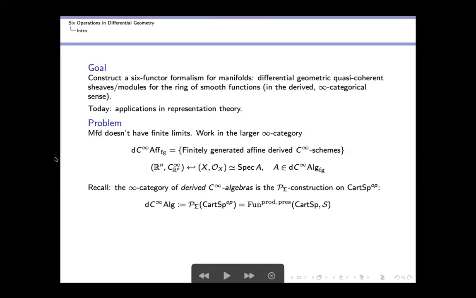And there's a theory that says you can take this infinity category of rings and do algebraic geometry with them, talk about ring spaces and anything you want to do. And in this category, you can consider things like non-transverse intersections of manifolds, in the same way that in usual algebraic geometry you get arbitrary finitely generated schemes by intersecting affine spaces.